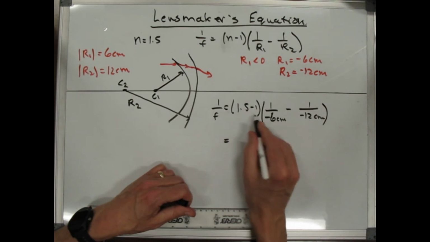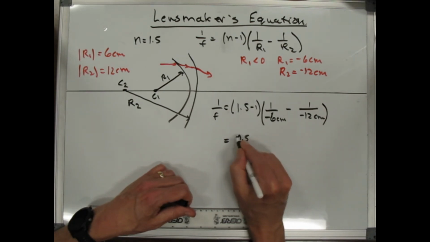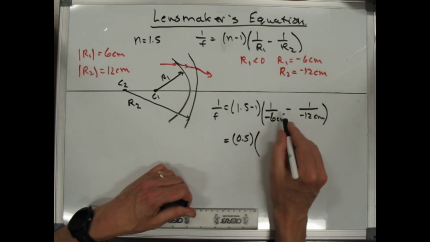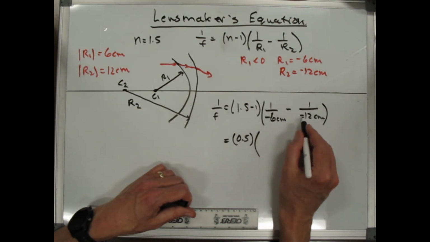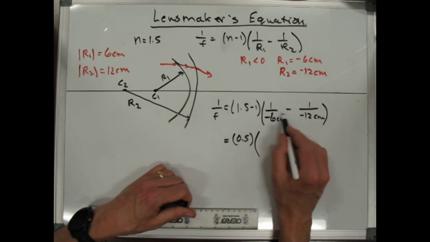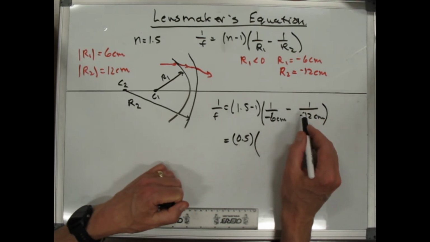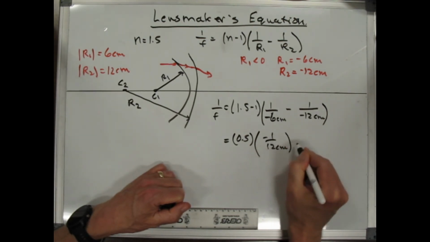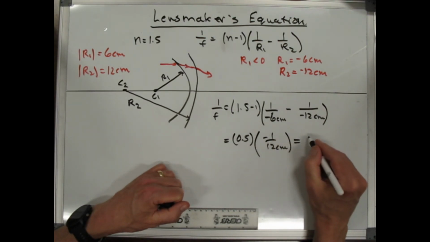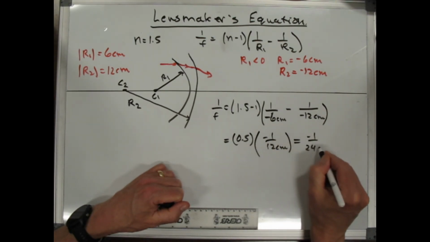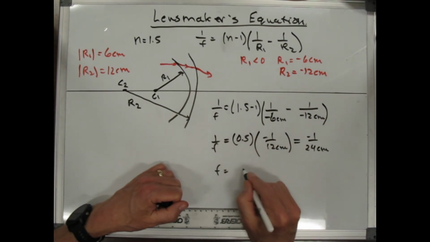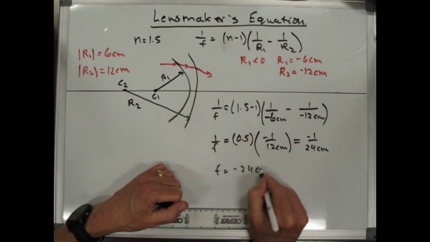And so that gives me 1.5 minus 1 is 0.5, or a half, times minus a sixth plus a twelfth. So it's minus 2/12 plus 1/12, which is minus 1/12. And so if I divide that by 2, I get minus 1 over 24 centimeters, which is 1 over f, and so f is equal to minus 24 centimeters.